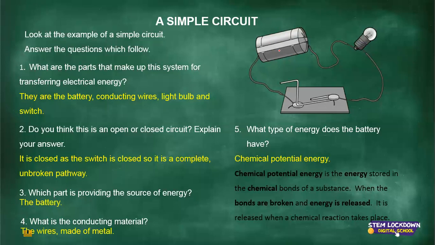Inside the battery, like I showed you earlier in earlier pictures, there were chemical bonds. When these bonds are broken and the energy is released, we say a chemical reaction takes place. Those free electrons are moving from the negative to the positive, and it is traveling to light up the light bulb.